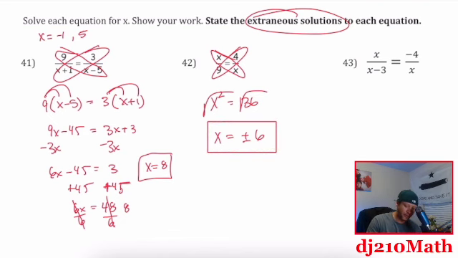The excluded value here would be x is equal to 0, right? That would make 4 over 0. So that's the excluded value. Again, it doesn't make a difference right now because the answers are 6 and negative 6. All right, for 43, however, the excluded values are going to be 3, right? Because that's going to turn the left side undefined. And then 0, that would make the right-hand side undefined.